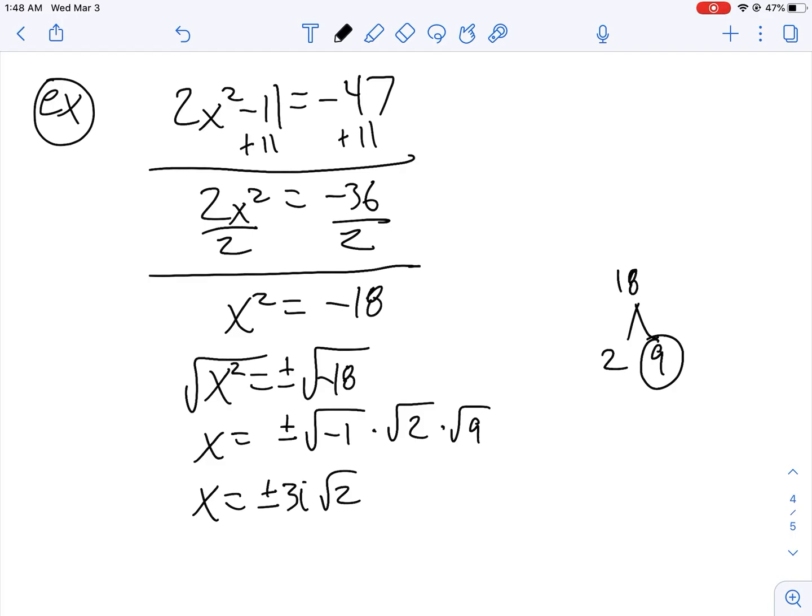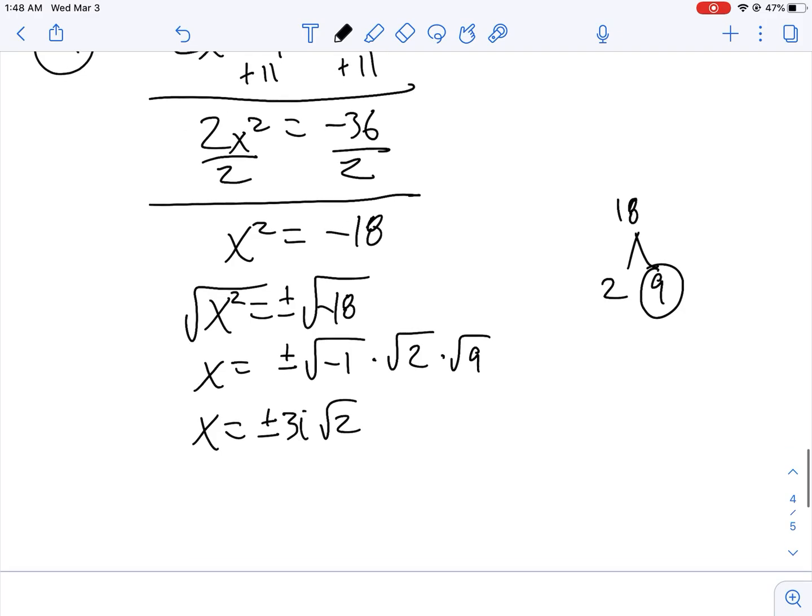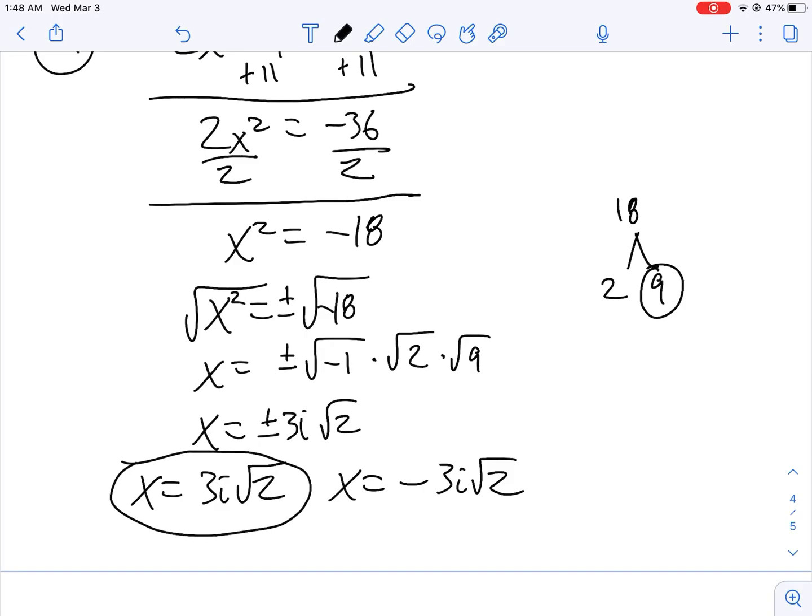And we just put these things in order as they come out of their square roots. So 2 solutions: 3i root 2, negative 3i root 2.